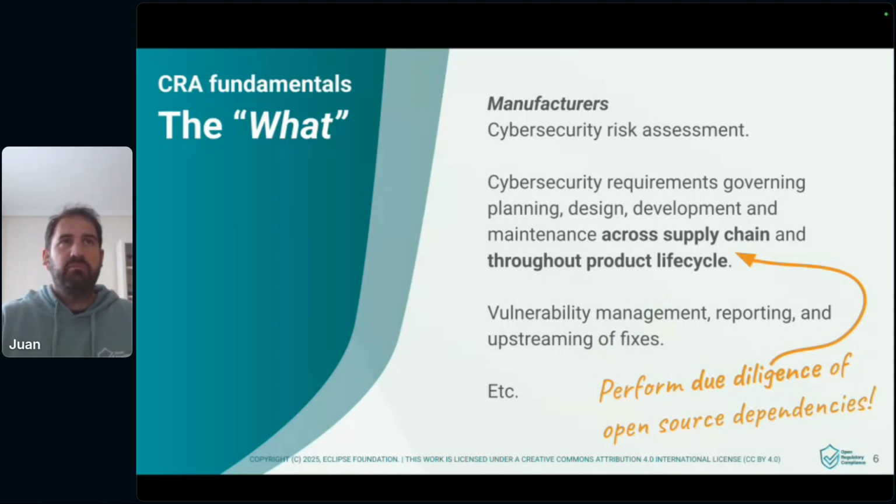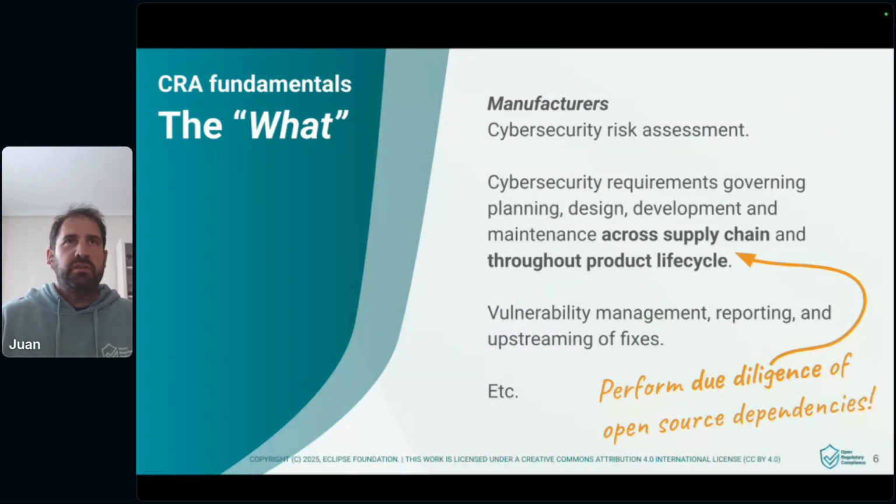The third element that is important for manufacturers is vulnerability management, reporting, and upstreaming of fixes. There is specific text in the CRA that defines how this should be done, and also what the relationship is between the manufacturers consuming open source and the reporting of fixes, the reporting of vulnerabilities, how to upstream fixes, and the relationship among all the different actors that take part in the whole supply chain.